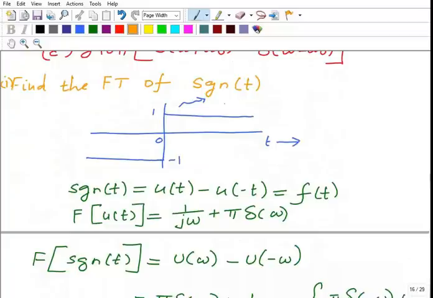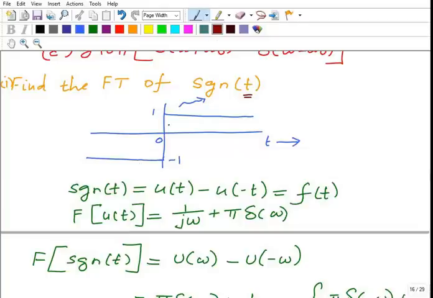Next function, sine function. Some people call this the signum function. Signum, sine, both are the same. See, this is how the signal will look. For positive values of time, it is 1. For negative values of time, it is minus 1. At time t equal to 0, it is 0.